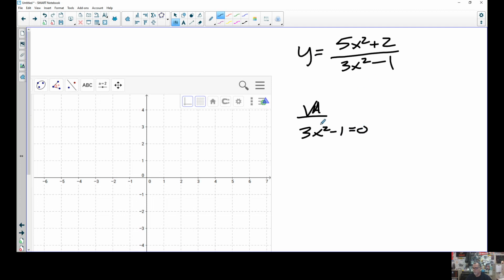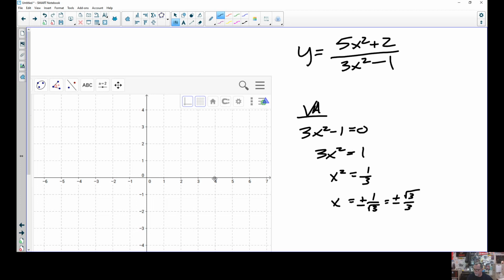It's not as obvious as our other functions, whether that were degree 1, but I can still solve this. 3x squared equals 1, x squared equals 1/3, and that makes x equal to plus or minus 1 over root 3, or you could say, and more appropriately say, root 3 over 3. So at x equals positive root 3 over 3, and x equals negative root 3 over 3.